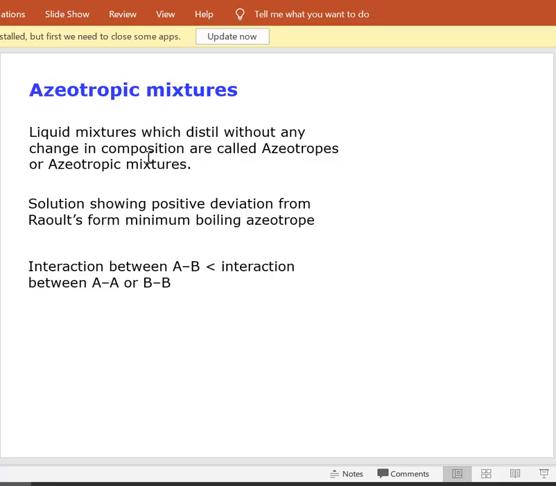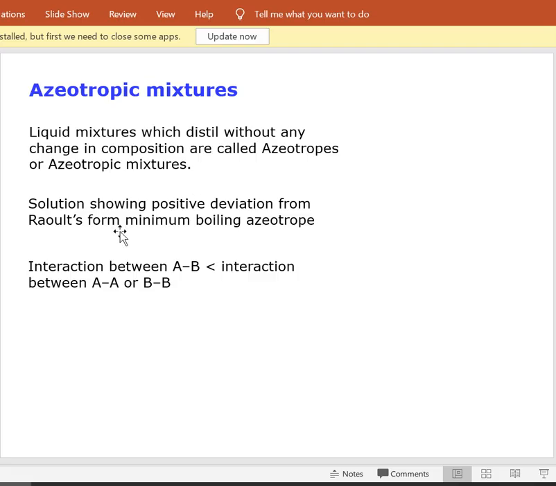Azeotropes are mixtures of liquids which boil at constant temperature like a pure liquid, and they contain the same composition of components in the liquid as well as in the vapor phase. So liquid mixtures which distill without any change in composition are called azeotropes.